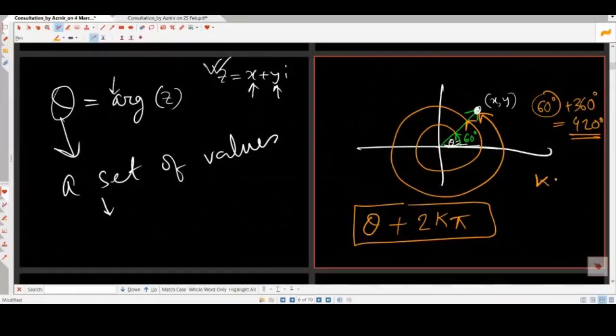So let's say k equal to 1, that means we are using one rotation. If k equal to 2, we are coming by 2 rotations. K equal to 3, so 2 times 3, 6, so 6 pi. So besides theta, we are adding 6 pi, and we are getting the same line. We are getting the same point, that is the complex number. So this is for counterclockwise direction.